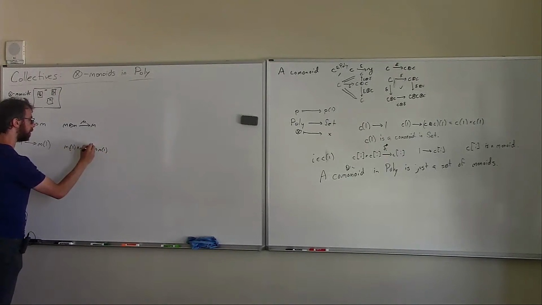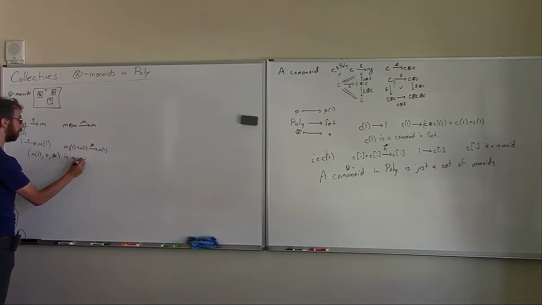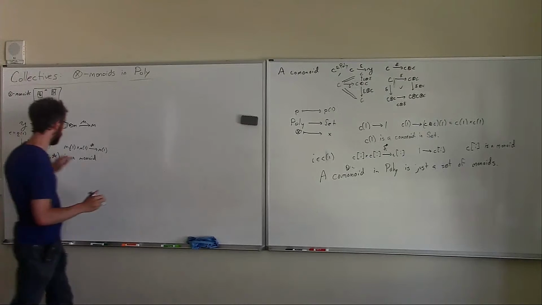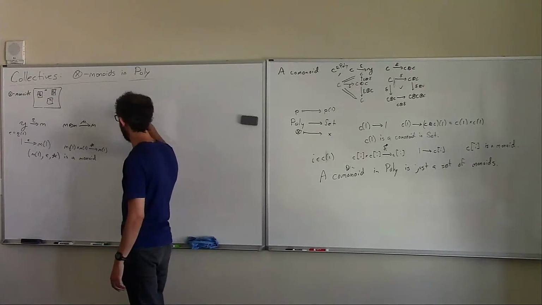And I'll call this thing star. So M of 1 with E and star is a monoid in Set, a regular old monoid. You could ask this thing to be commutative or not, but it's a monoid in Set, like the natural numbers or the integers or any group.